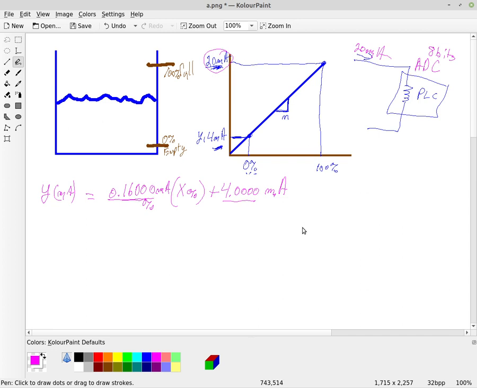And so now one thing you have to remember here though is even though our sensor is going to send out 4 milliamps when we're at 0, the analog to digital converter is actually always reading from 0 milliamperes up to the 20 milliamperes.